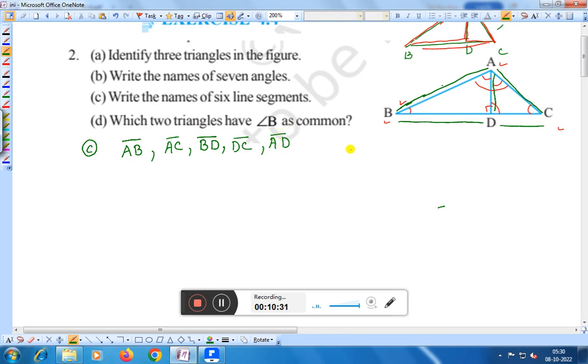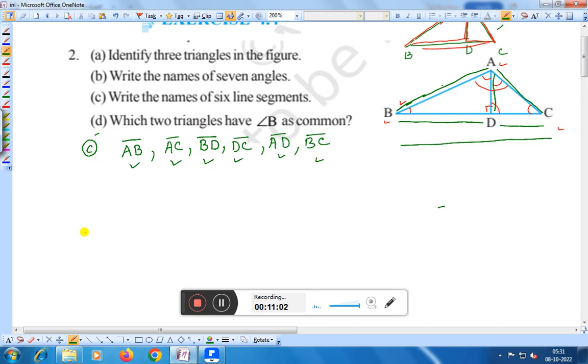And the bigger one also, that is B to C, another line segment. Therefore these are the 6 line segments: AB, AC, BD, DC, AD and BC.